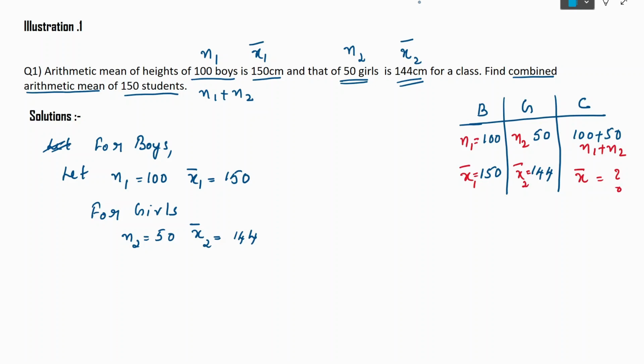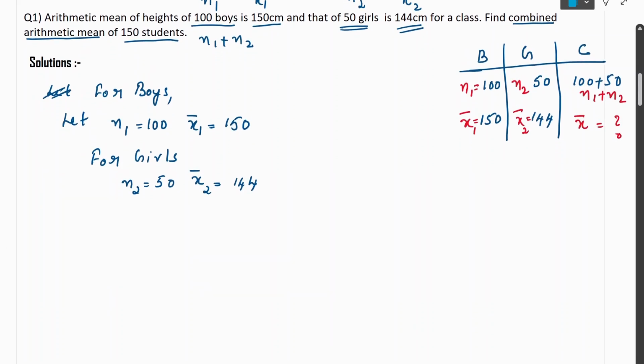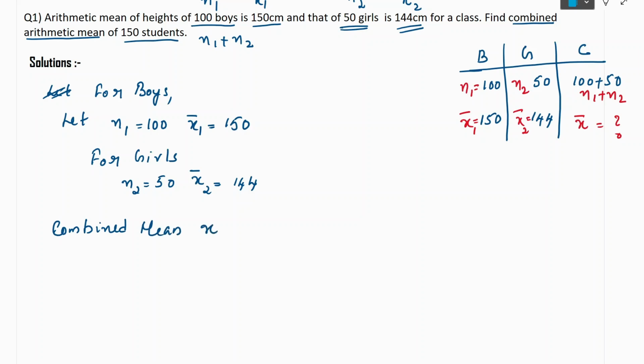Now we will write the formula. What is the formula for combined mean? Combined mean x bar is equal to N1 x1 bar plus N2 x2 bar, whole divided by N1 plus N2.